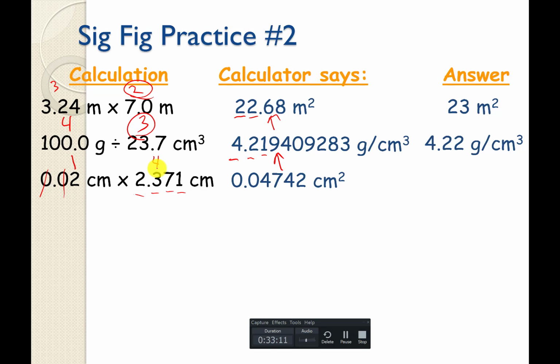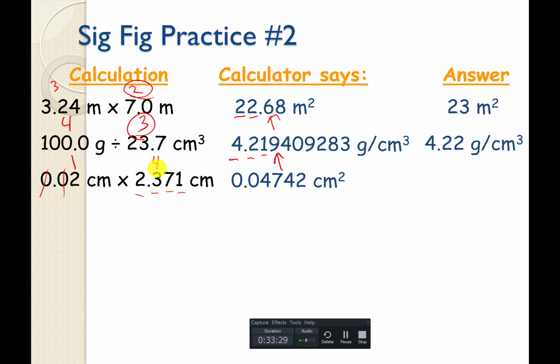Therefore, when we do this calculation, we can only have an answer with one significant figure. That's kind of weird, I know. You think, why do we only have one significant figure? That's the way it is, because this is the weakest link.